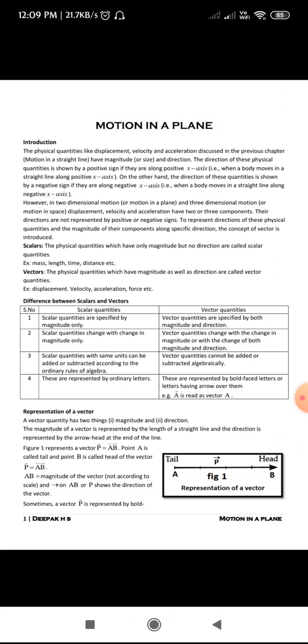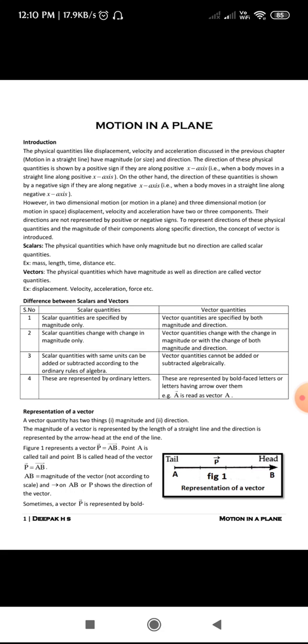On the other hand, the direction of these quantities is shown by a negative sign if they are along the negative x-axis.